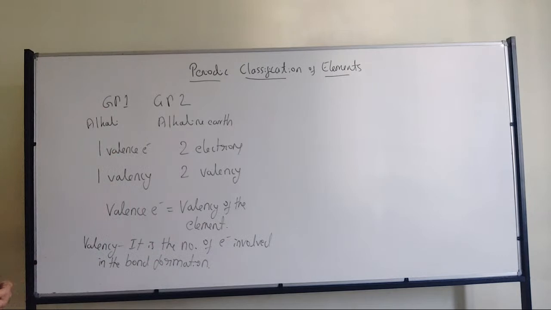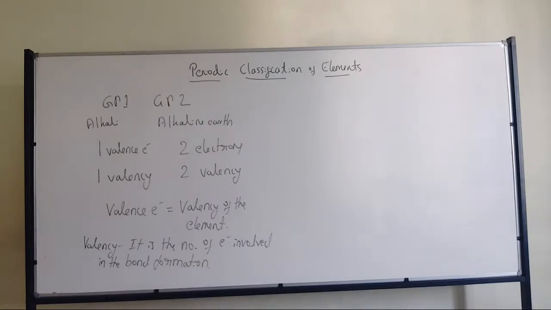All of you have understood? I am not talking about covalency, I am just talking about valency. Combining capacity may differ, Rohan. Therefore, the better definition is the number of electrons involved in the bond formation. That can be sharing or donation, whatever it is. That's what is called valency.